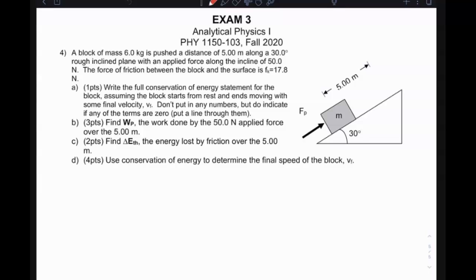Okay, in this problem we have a pushing force F sub p shown on the diagram. We also have acting on the mass a gravitational force acting vertically downward.